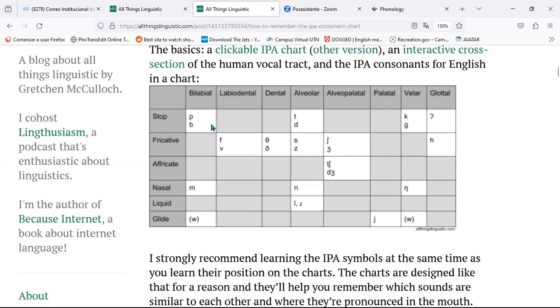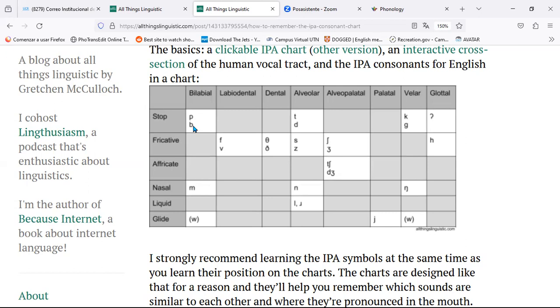Okay, so what is important about these cells where we have two sounds? That they have only one difference. If you see, this is bilabial and stop, and we have both sounds there. The difference between them is that the B is going to have a vibration in our vocal cords.